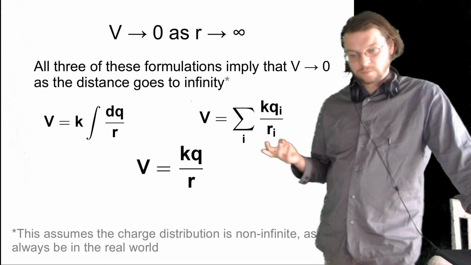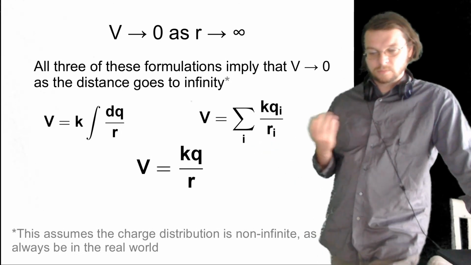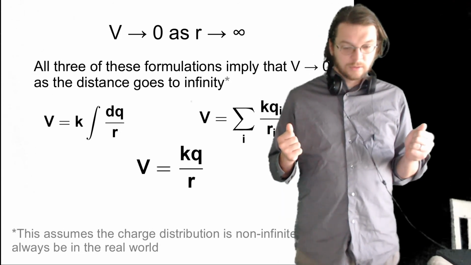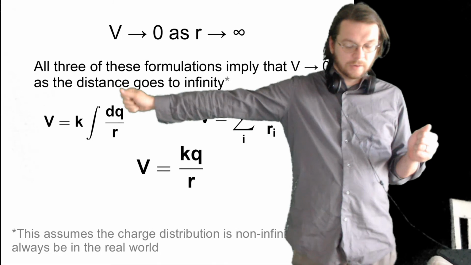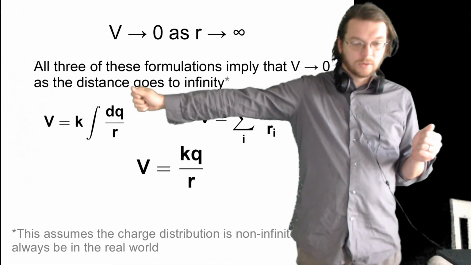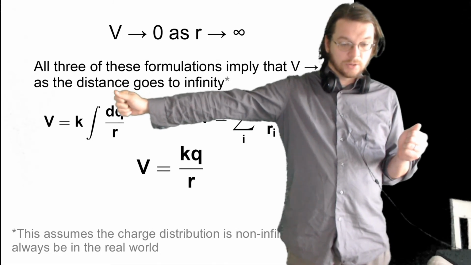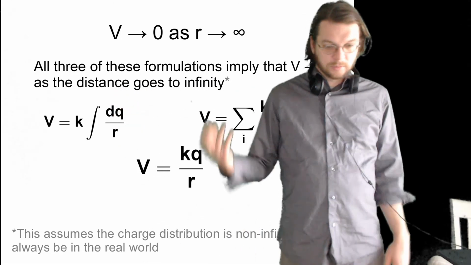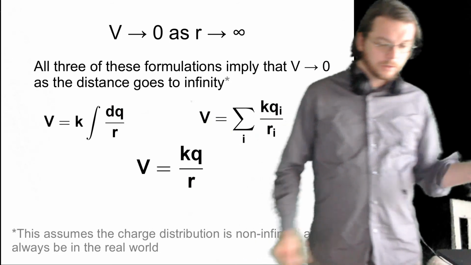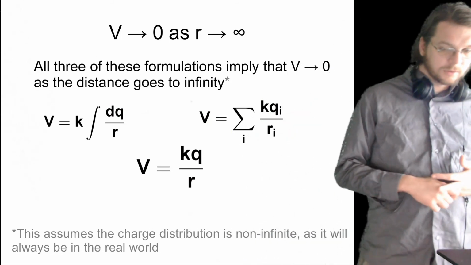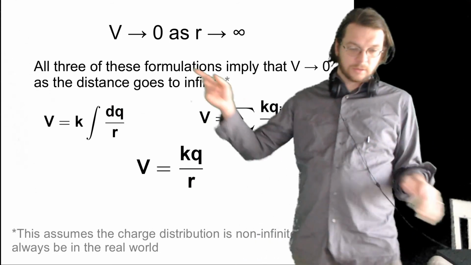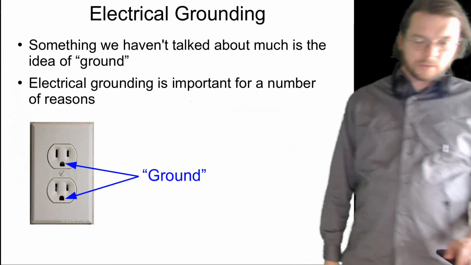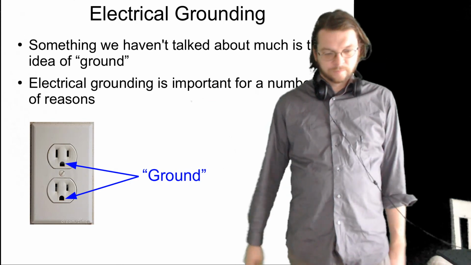However, there is a zero electric potential, and by zero I mean that if you have two charges and you move one infinitely far away from the other charge, then the potential energy of that situation is zero because they're infinitely far away from each other. This is basically what this is saying. And so if things are infinitely far away from each other, you say that the electric potential is zero, which is part of why we say that the ground is 0 volts.